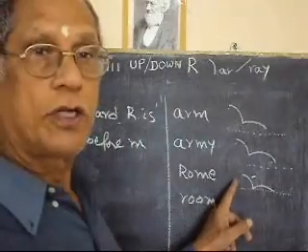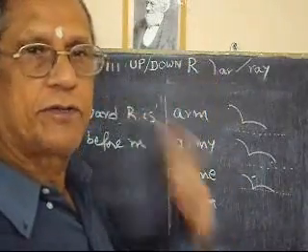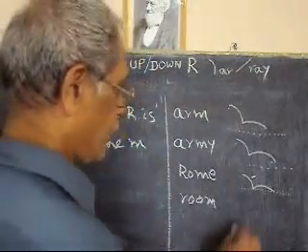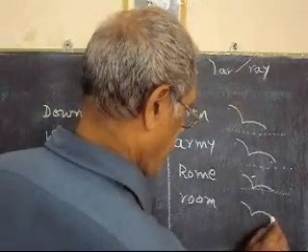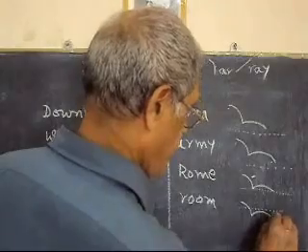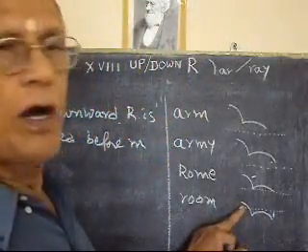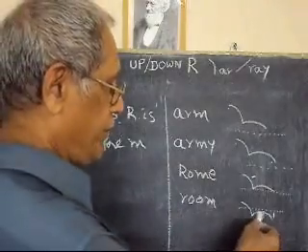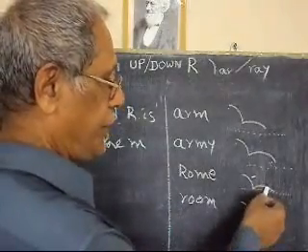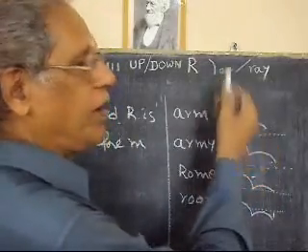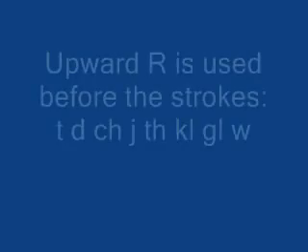That means this rule supersedes the previous rule, because before M, R is written downward. Room. Before M, R is written downward.